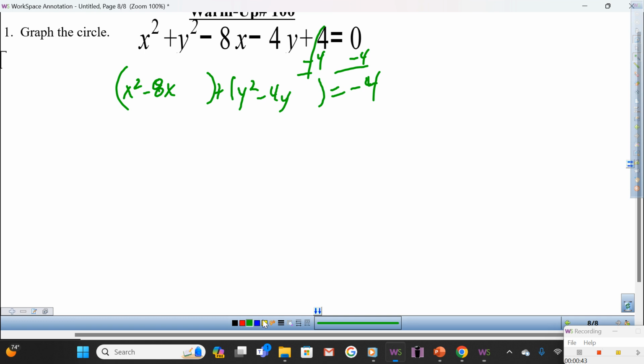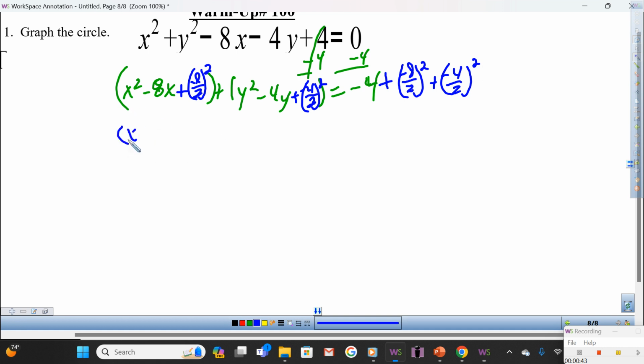So far, so good. Continue, Anthony D. Negative 8 over 2 squared to both sides. What else? Negative 4 over 2 squared to both sides. That is correct. That's completing the square.